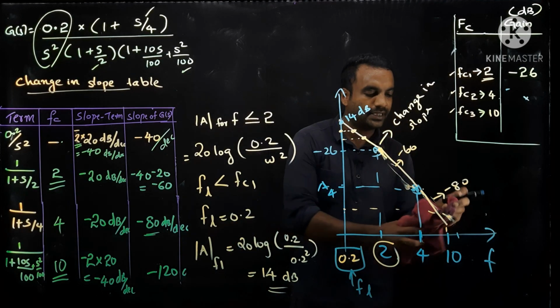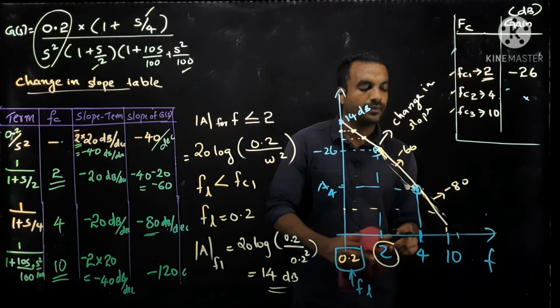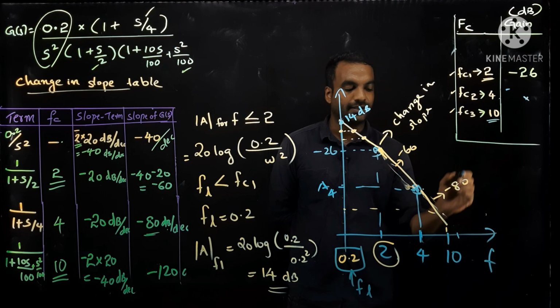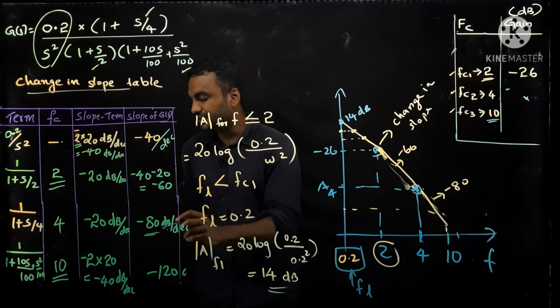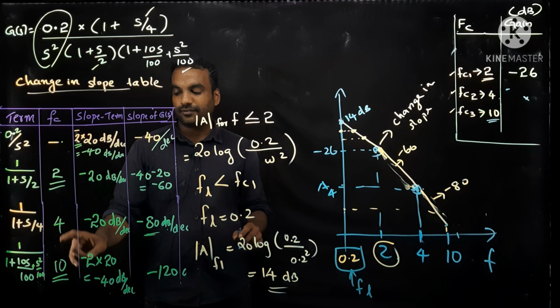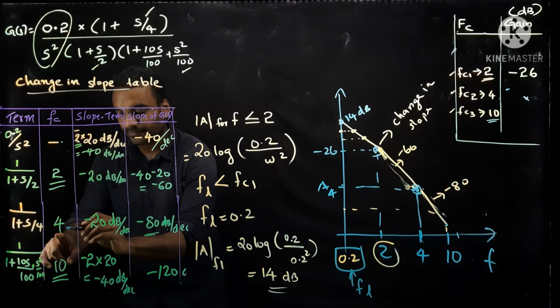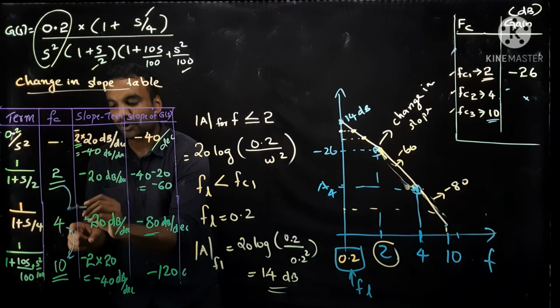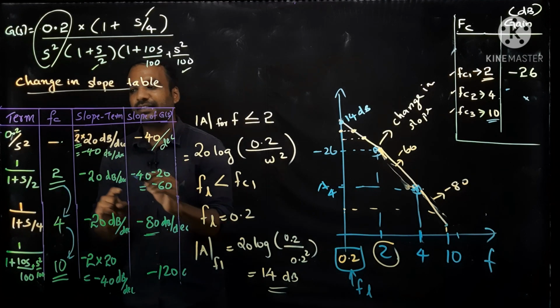Now the same logic is applicable here also. Here, the final corner frequency FC3 is 10. But you can see this is the point of 10. From 4 to 10, the slope is minus 80. From 2 to 4 the slope is minus 60.